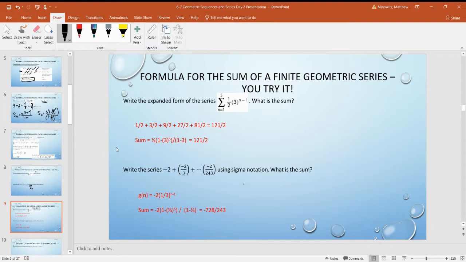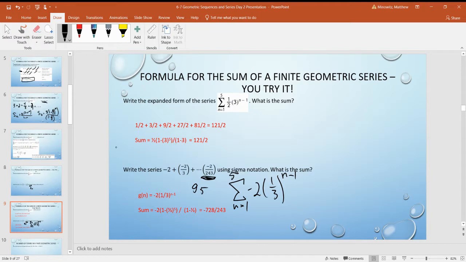Now, if it wants sigma notation, the second one, I need to figure out that this is the 5th term. So we've done that previously. And then I say, I want it to add up this.